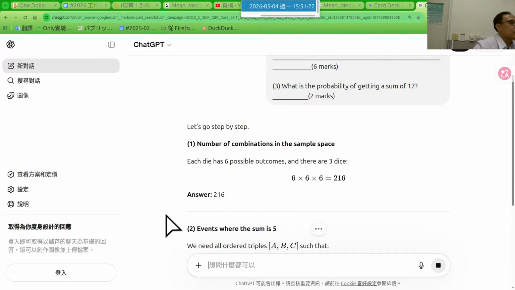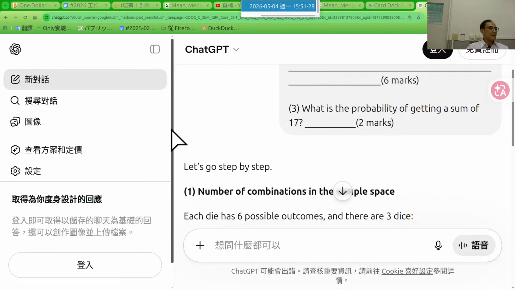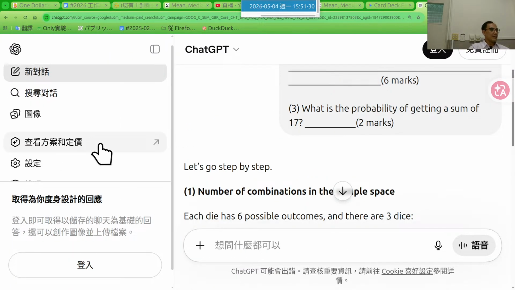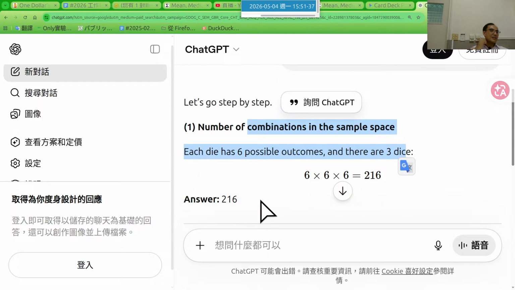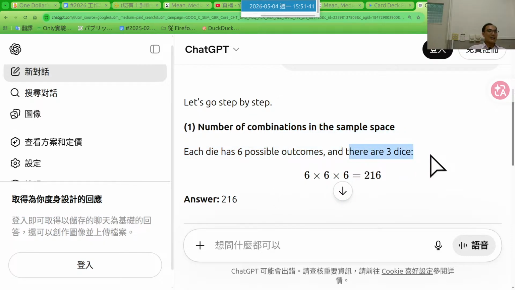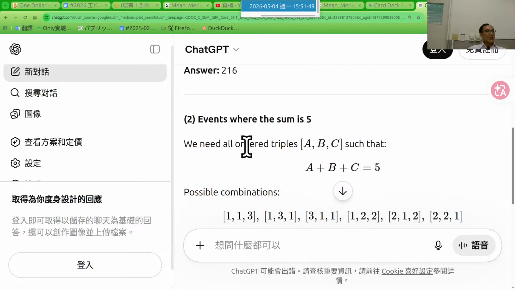Okay, let's go step by step. It looks okay. The number of combinations in the sample space: each die has 6 possible outcomes, and there are 3 dice. 6 times 6 times 6 would be 216. The first answer, 216.